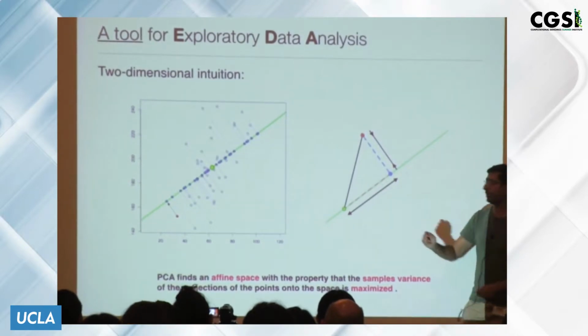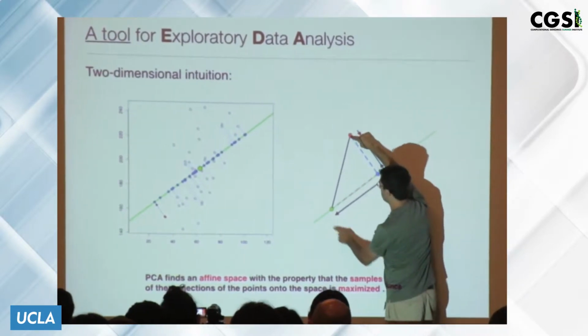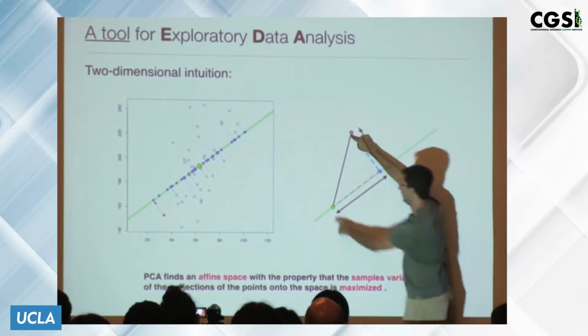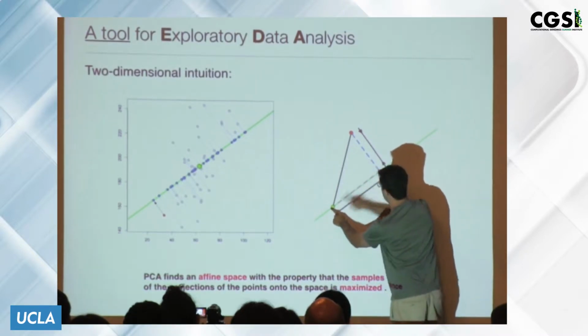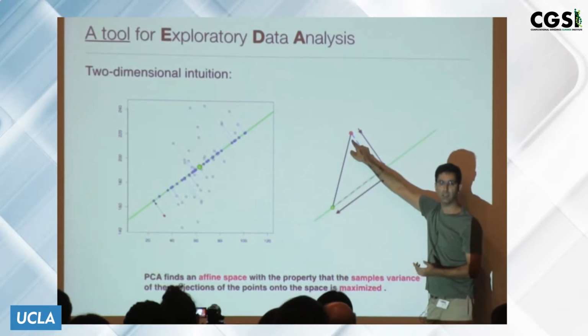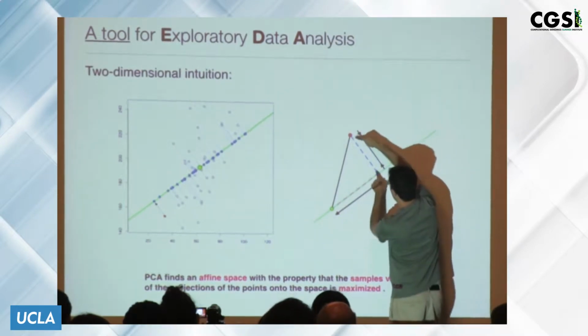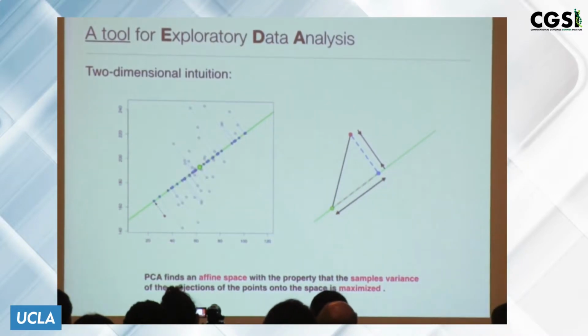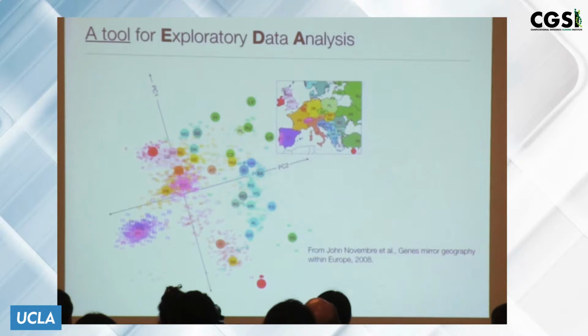And those are equivalent because each point is a fixed distance from the fat green dot, which is the mean. And because this squared plus this squared equals that squared, yeah, Pythagoras' theorem, then minimizing this is the same as maximizing that.